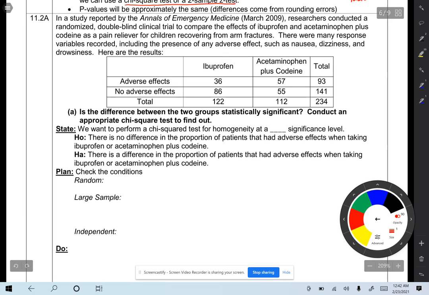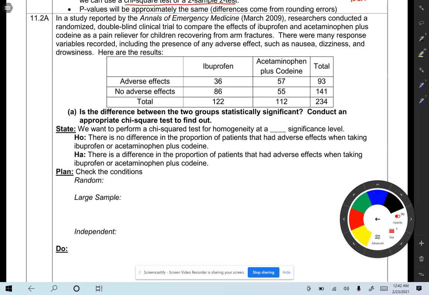In a study reported by the Annals of Emergency Medicine in March 2009, researchers conducted a randomized double-blind clinical trial to compare the effects of ibuprofen and acetaminophen plus codeine as a pain reliever for children recovering from arm fractures. There were many response variables recorded, including the presence of any adverse effects being nausea, dizziness, and drowsiness.